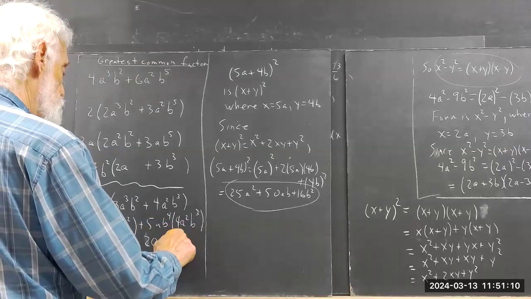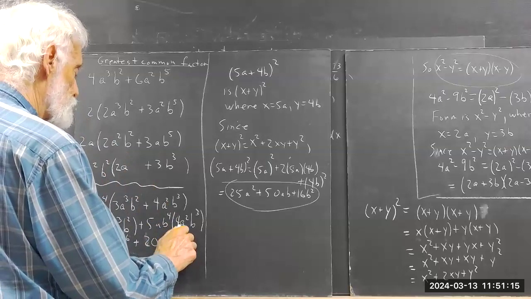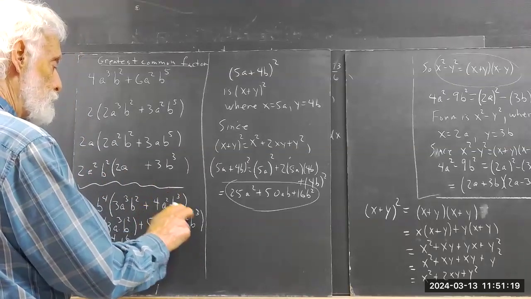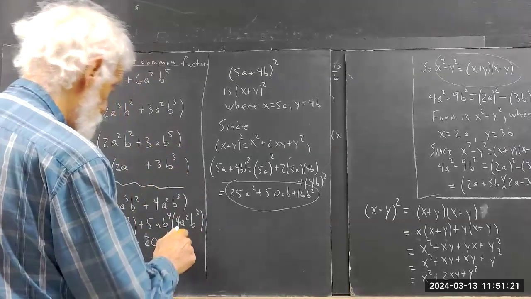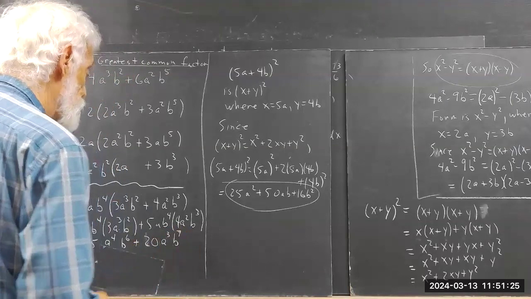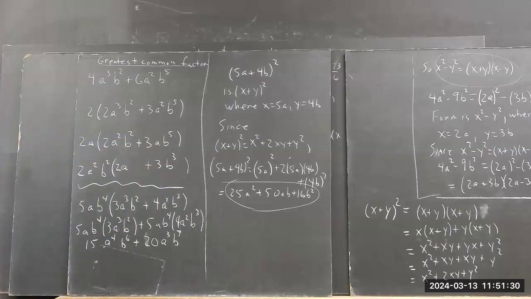B to the 4th times B cubed is B to the 7th. I think somebody had B to the 6th here, but I think it's probably because they copied this B cubed as a B squared. That's okay. That's just the copying, which goes back to my questionable handwriting. Okay.